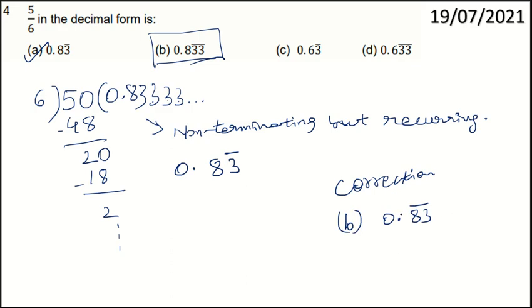If it had been, a clear-cut right answer would be A. Since A and B are both the same, I gave marks to whoever gave either A or B, any one option. Moving on to question number 5.